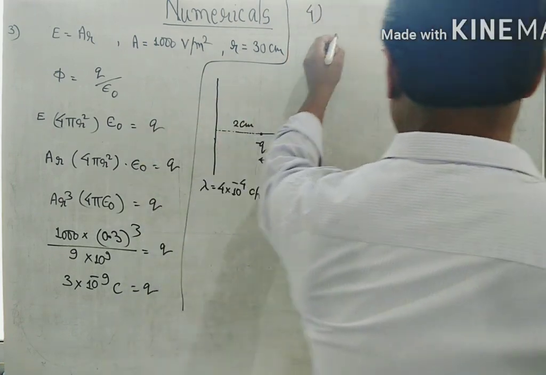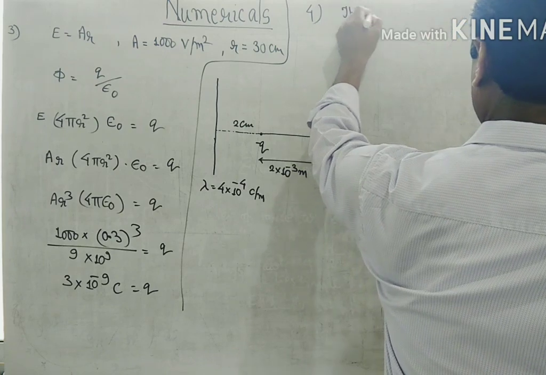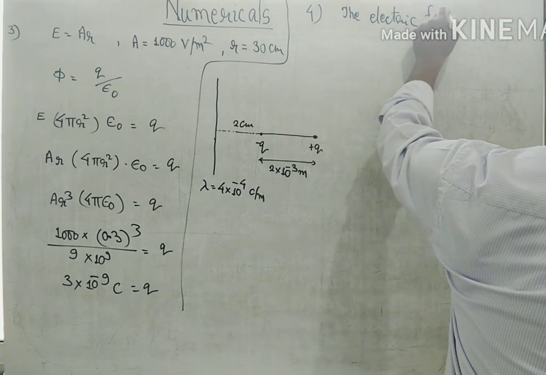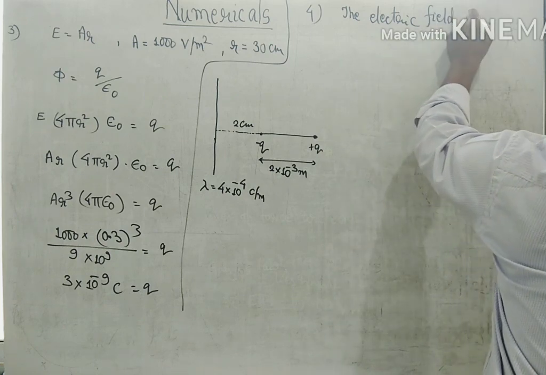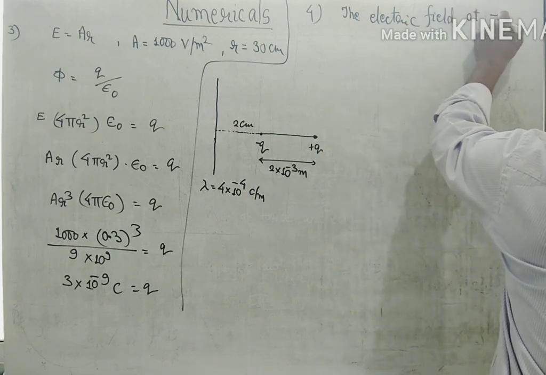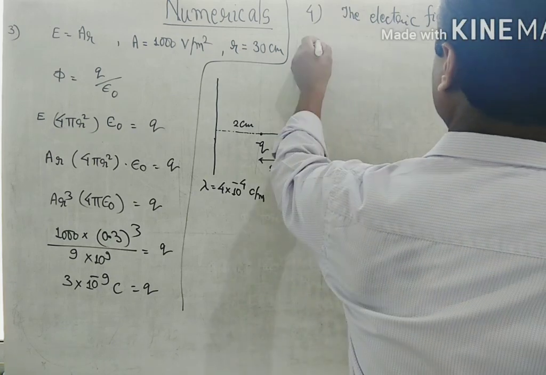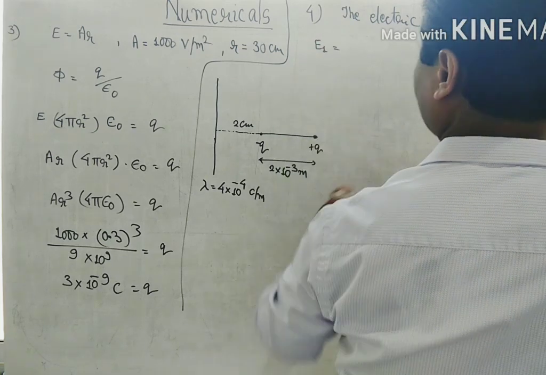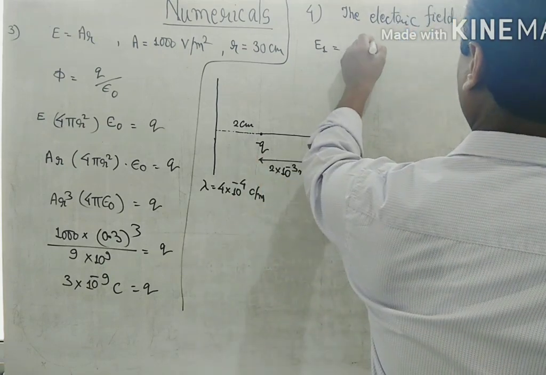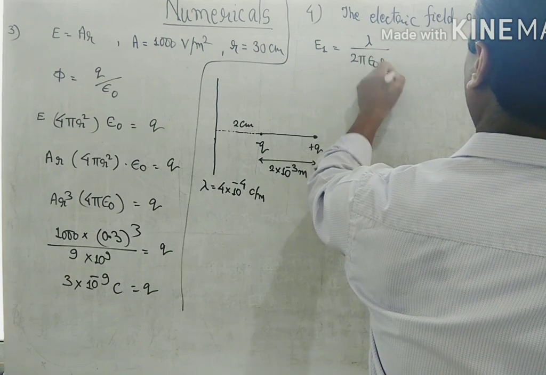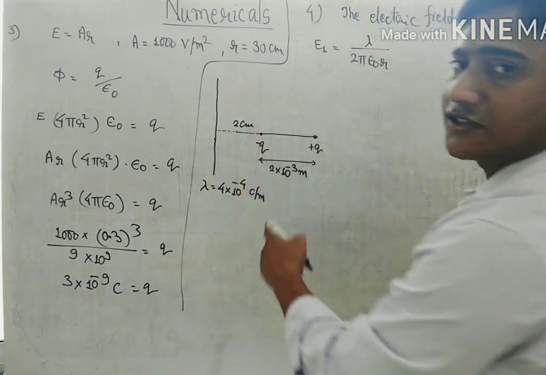So here the electric field at minus q charge, let me call it E1, equals lambda upon 2 pi epsilon naught into R. R is the distance.